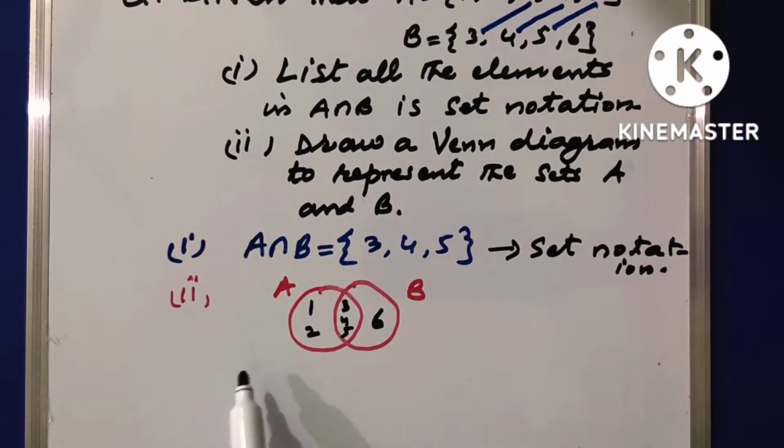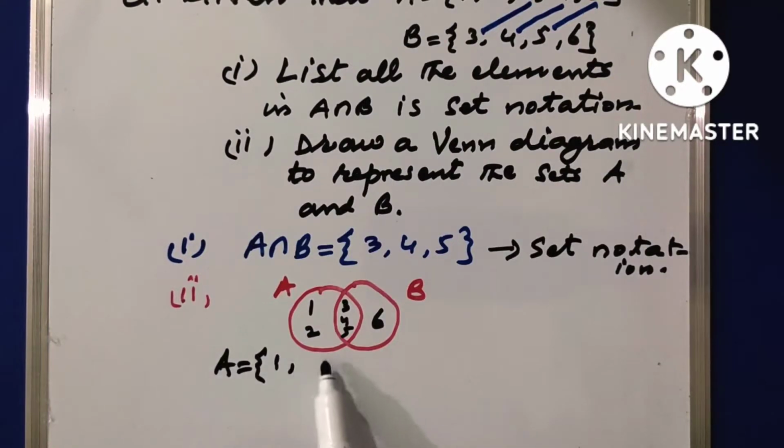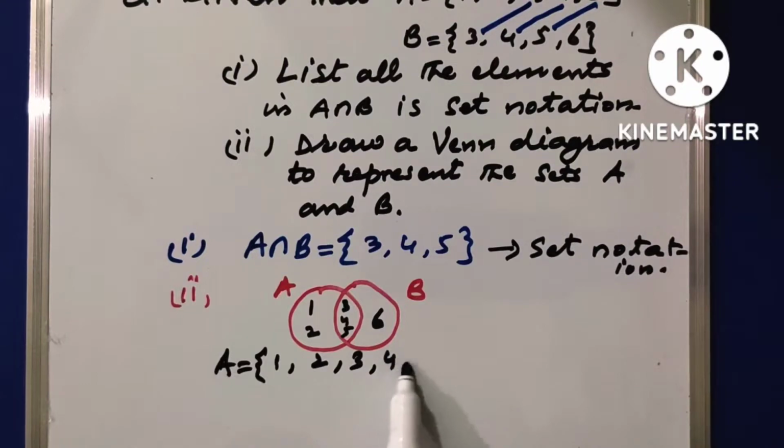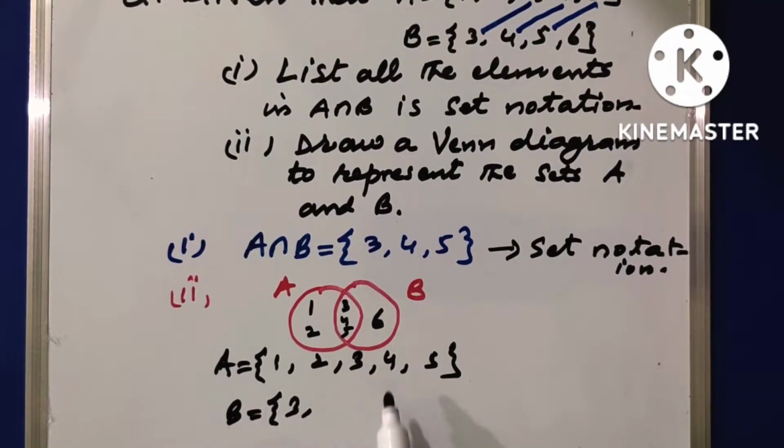Now let us take same sets for union. Set A has elements 1, 2, 3, 4, 5 and set B has elements 3, 4, 5, 6.